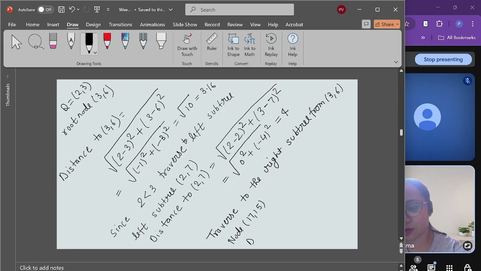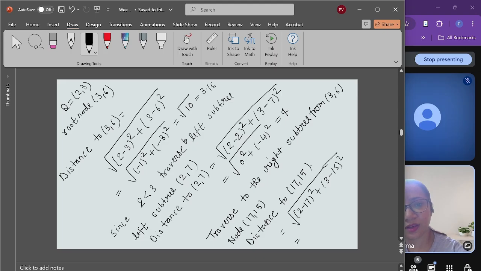Okay, so we need to calculate the distance to 17 and 15. So here it is (2 minus 17) whole square plus (3 minus 15) square.